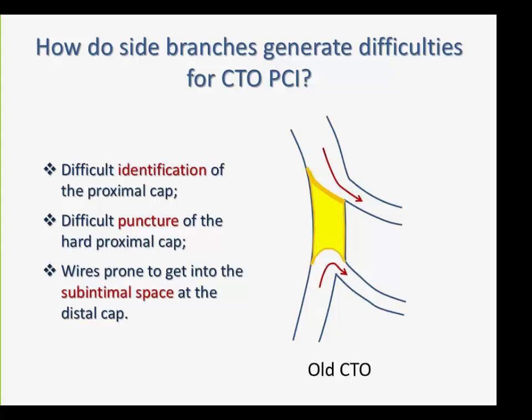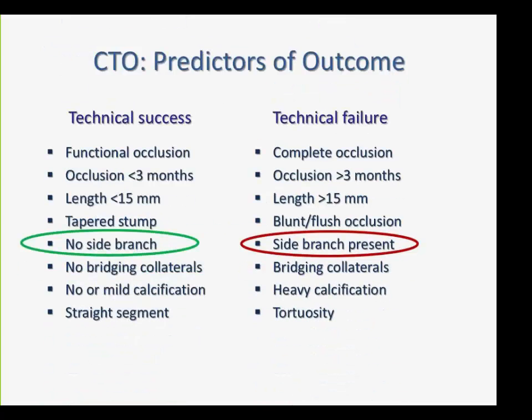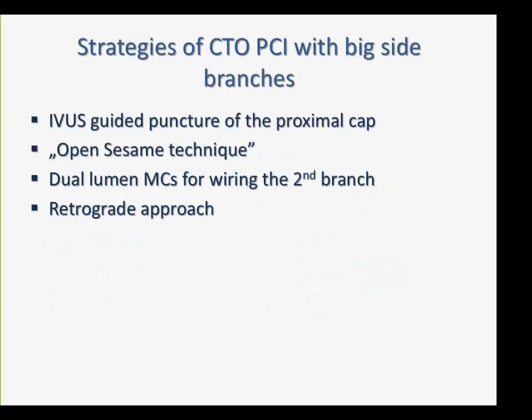And usually the wire is prone to get into the subintimal space at the distal cap. There are some clinical data and evidence in the literature that the presence of a side branch is a significant predictor of technical failure.